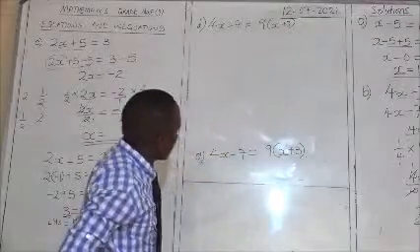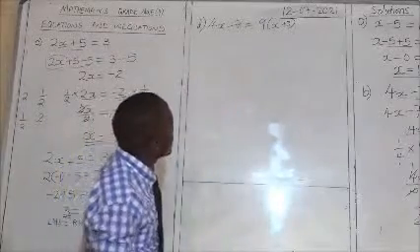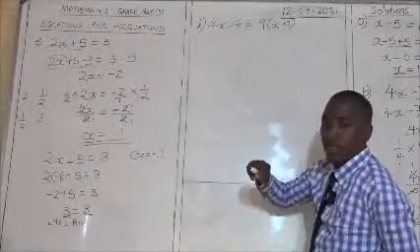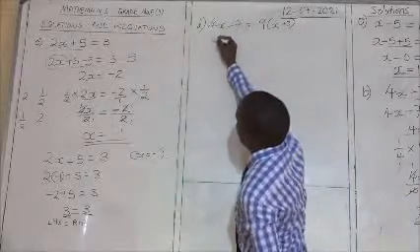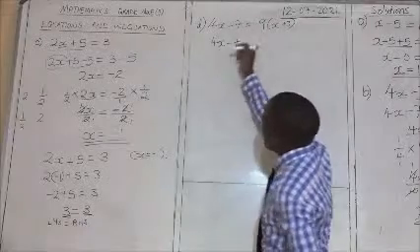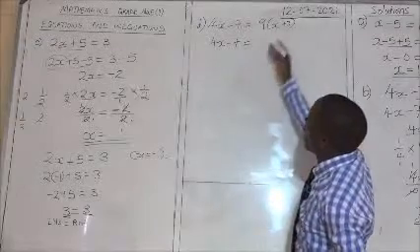So for this, we'll first start with dealing with what we have in the brackets. So for this side you just write this 4x minus 7, then we deal first with what we have in the bracket.